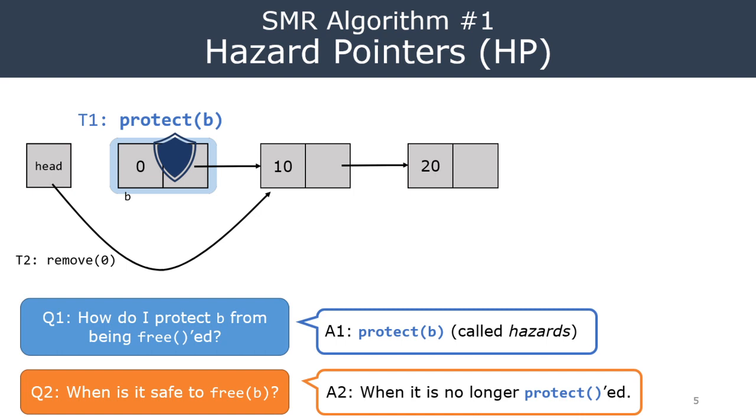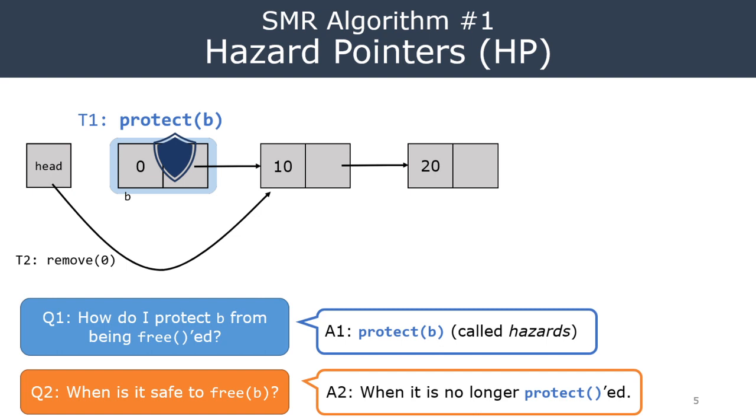At the same time, let's assume that T1 is just going to sleep, and T2 has been removing the node with value 0 by updating the head pointer from the node 0 to node 10. So far so good.